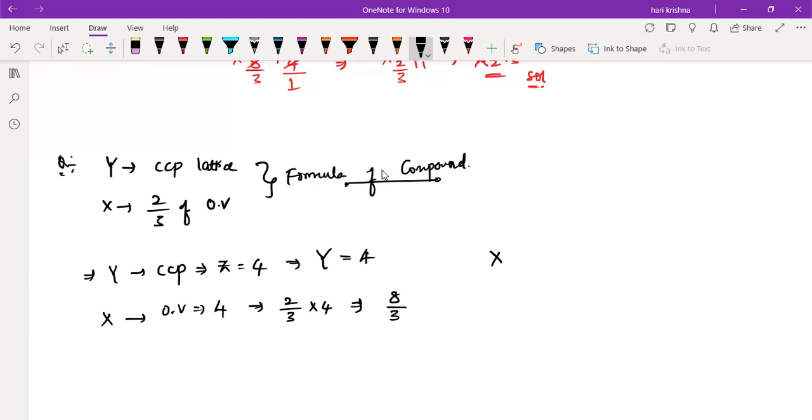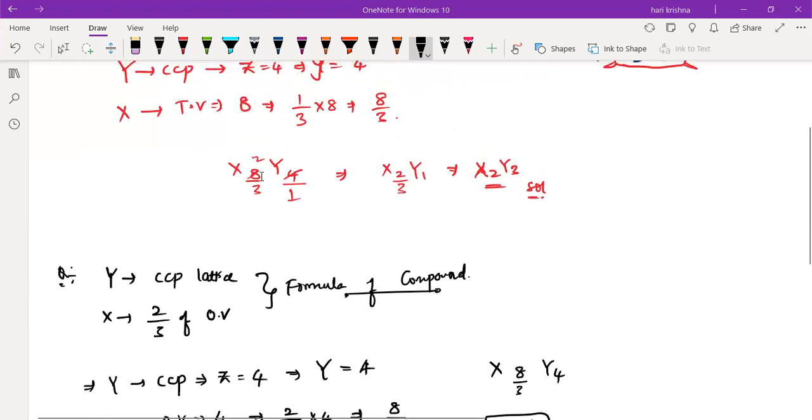So X is 8/3, Y is 4. Same calculation again. Take the cancellation part in LCM and you'll get X2, Y3.